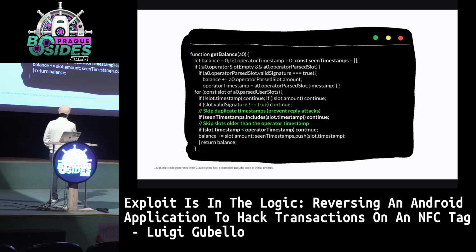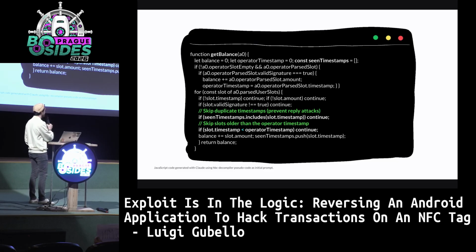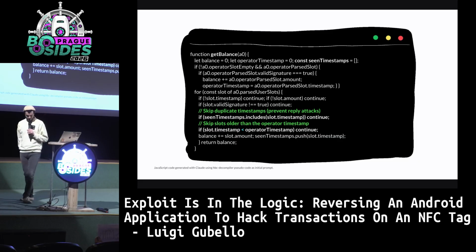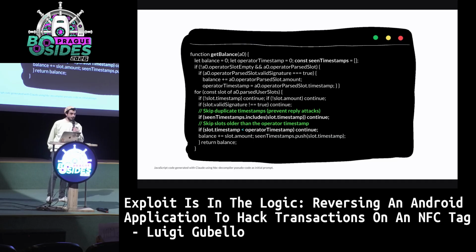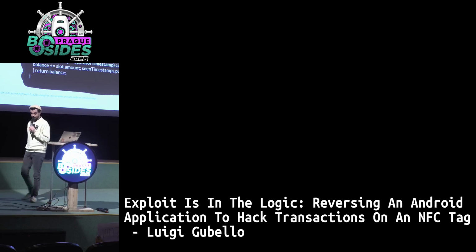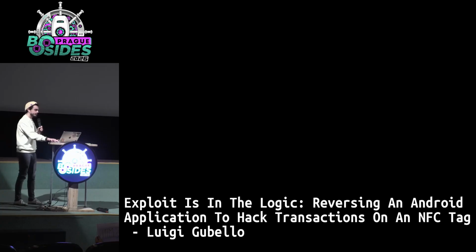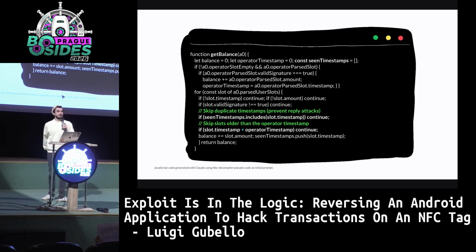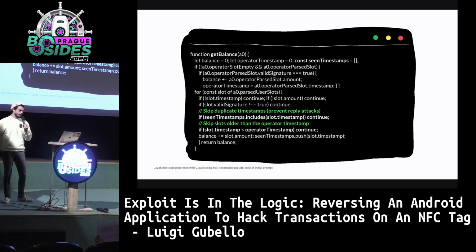And then there is also another check. A check on the timestamps of the user slots and operator slots. Why? Well, this is the logic of the application. This is where, honestly, I started to think more. So, if you buy 10 credits and you write on the bracelet and you then go to buy an item, the vendor needs to write the rest on your bracelet.